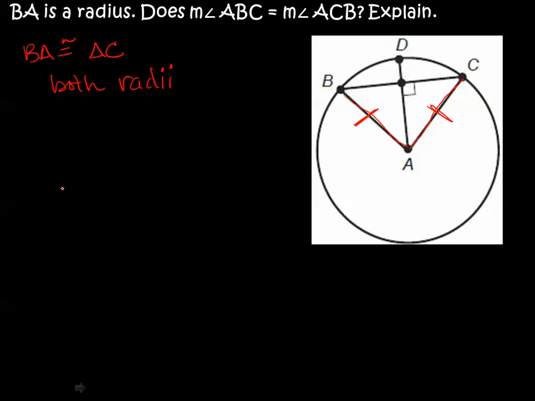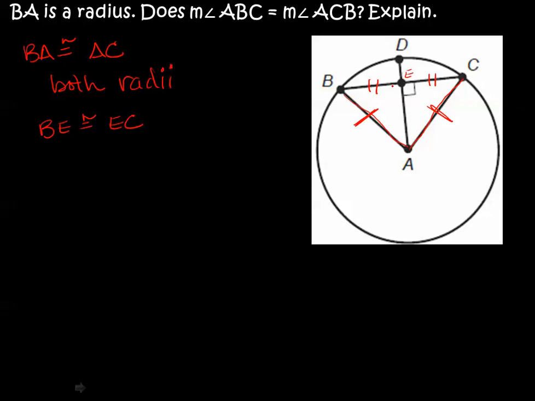Now then, because of the radius chord theorem, we also know that this segment right here, let's call this point E, segment BE is congruent to segment EC, correct? So we can come down here and say BE is congruent to EC because of the radius chord theorem.